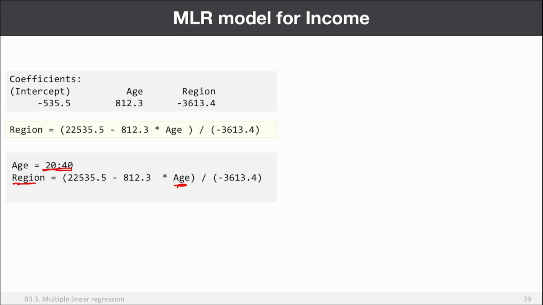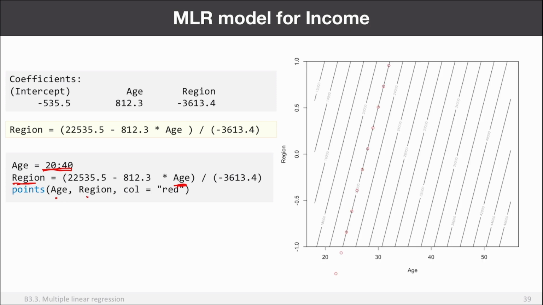And after that, I can show these computed values as points on the contour plot that I made before. And these are the points. You can see they lie exactly on this line where we have 22,000. So all these combinations of age and region give the same income, which is 22,000 kroner. So this is the meaning of the contour plot, and this is how a contour plot is actually made.